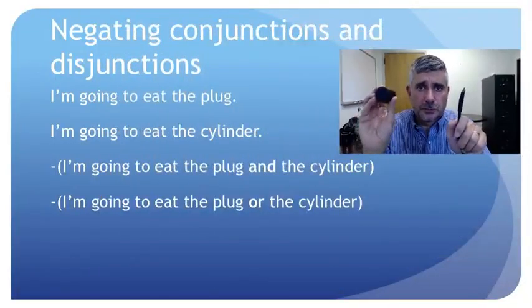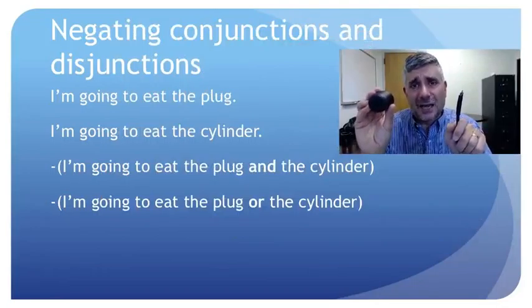So if I negate a conjunction, all I'm doing is saying it's not the case that both of the two conjuncts are true. But suppose I create a disjunction out of the two propositions, that for lunch I'm going to eat this and for lunch I'm going to eat this, right? I create a disjunction as follows. I say, for lunch I'm either going to eat this or this.